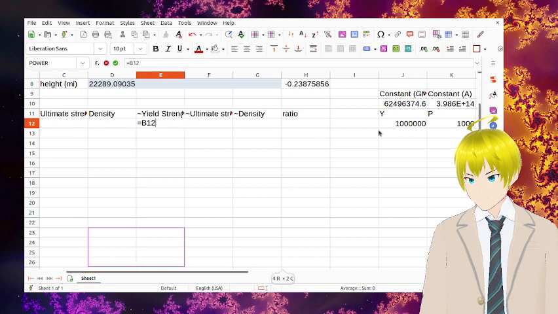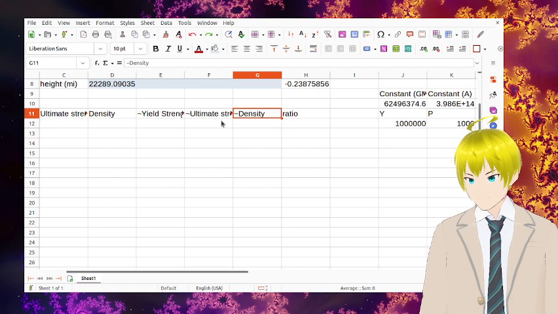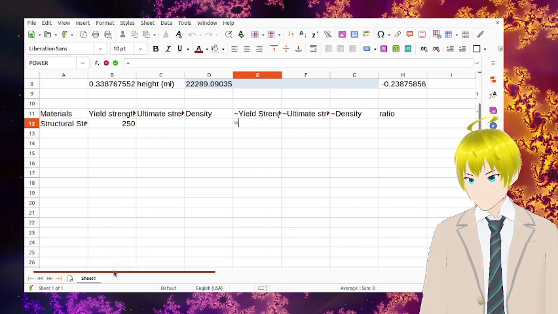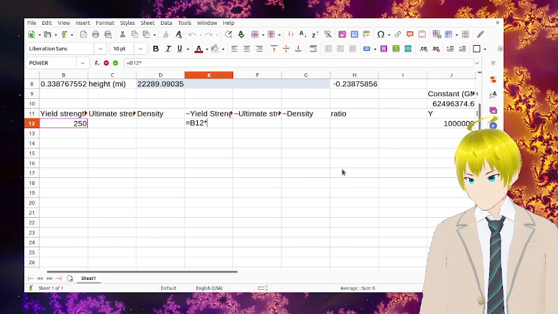this. On a spreadsheet, to make a static reference to something, that means when you scroll, this one doesn't scroll over here. You just put dollar signs in front of it. So whatever, equals this times this.